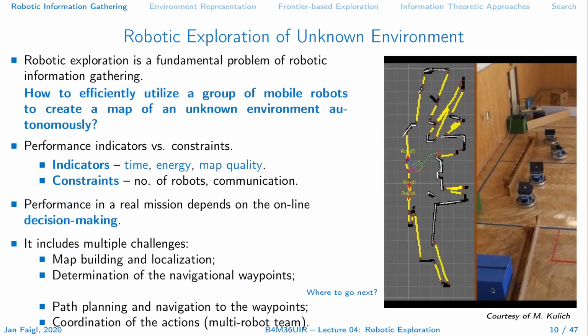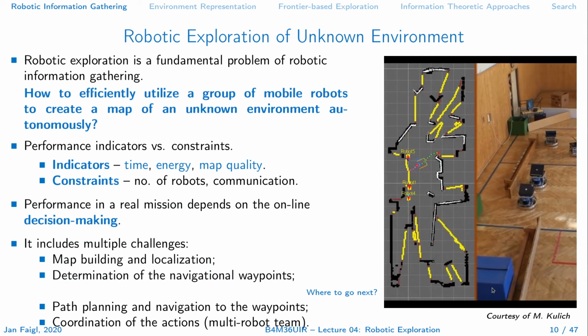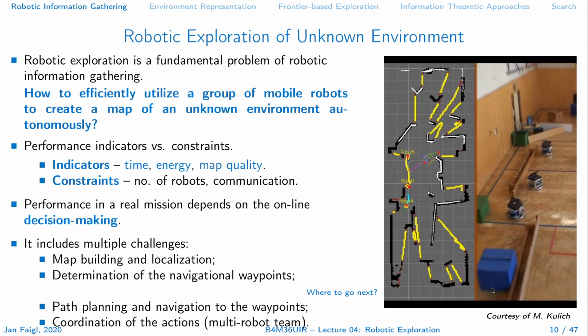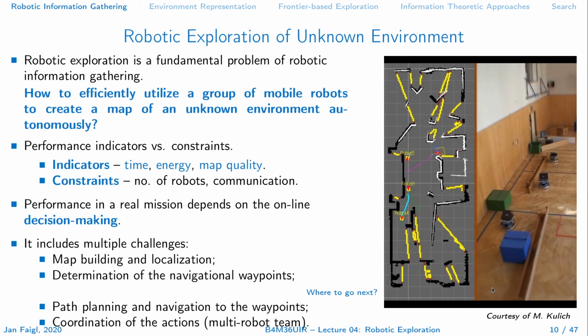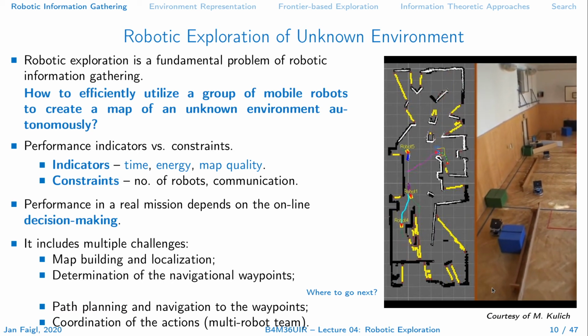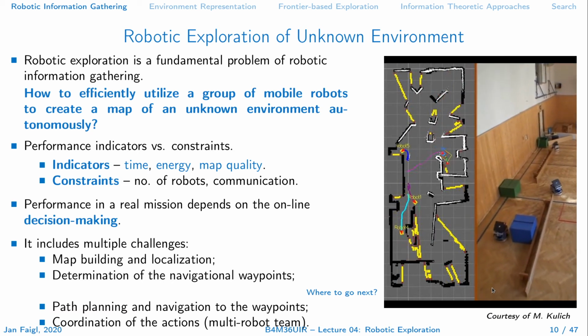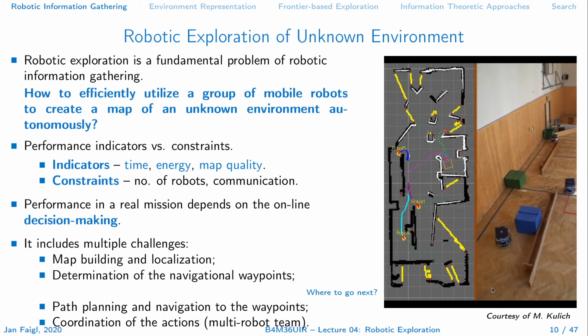Robotic exploration of an unknown environment can be considered a fundamental problem of robotic information gathering. The problem is to efficiently utilize, in general, a group of robots to create a map of an unknown environment autonomously.